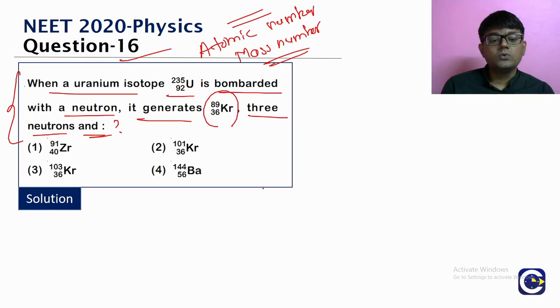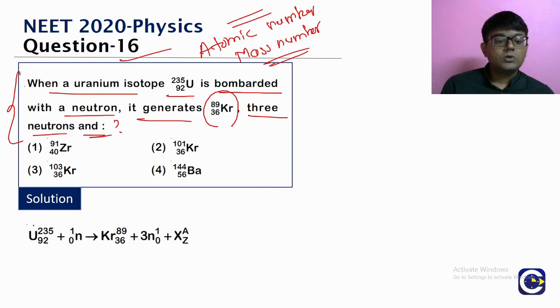So what we are going to do is look at uranium 235, 92, and a neutron. Neutron means mass number 1, atomic number 0. Proton means mass number 1, atomic number 1. Electron means atomic number -1, mass number 0. Positron means atomic number +1, mass number 0.